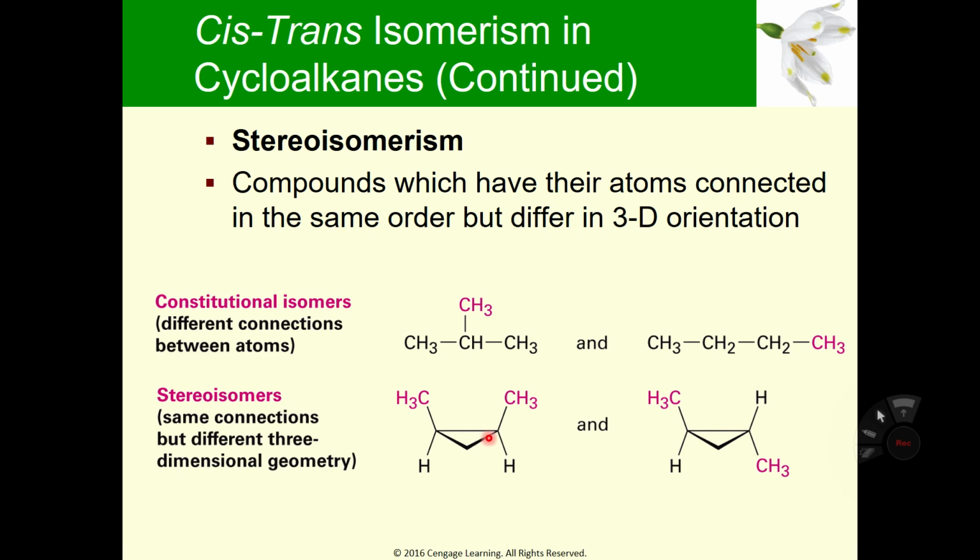This part is also the same relative arrangement around this carbon, but the three-dimensional structure is different, right? So in this case, we call them stereoisomers. The connection is the same, but the three-dimensional geometry is different.